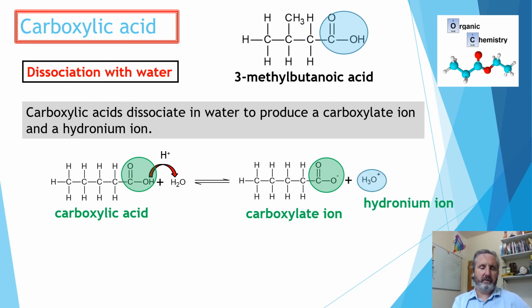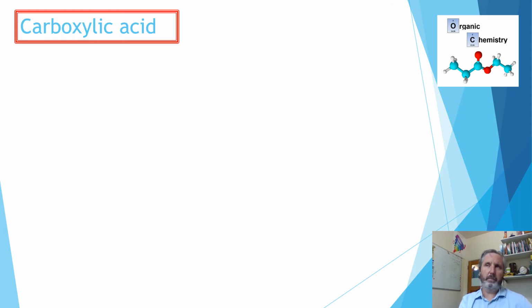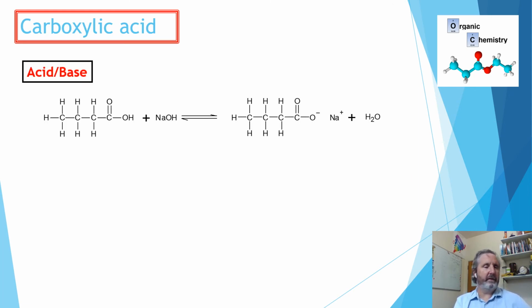Now this could be tested with blue litmus paper, and it would turn it red. Okay, so the other type of reaction carboxylic acids undergo is they can react with bases.